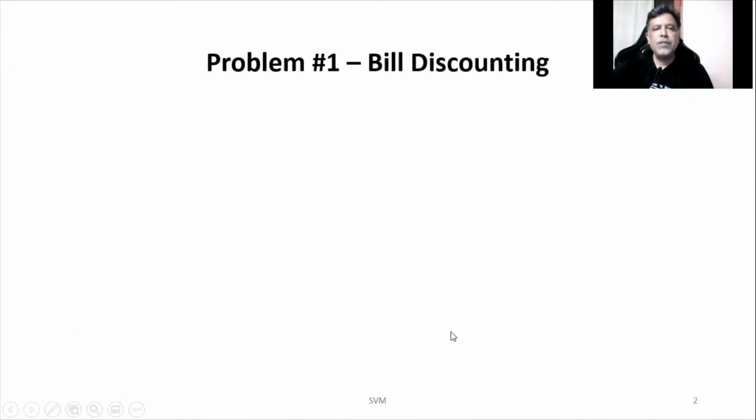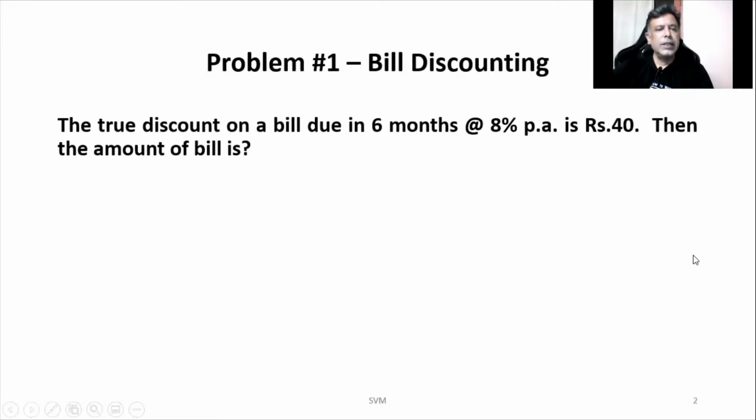Now let us move on to the first problem related to bill discounting. The true discount on a bill due in 6 months at 8% per annum is rupees 40. Means true discount is given. Bill amount is not given, but the period is given as 6 months and the interest rate is given as 8% per annum. We need to find out what is the amount of the bill.